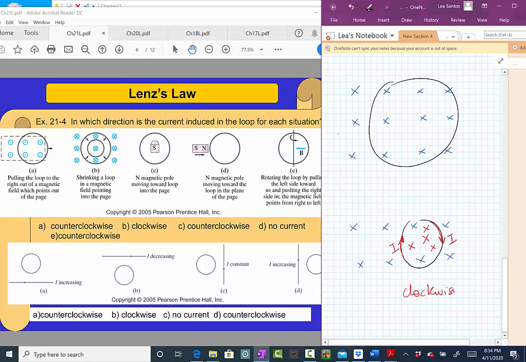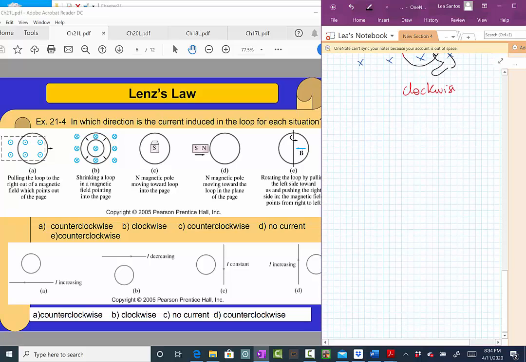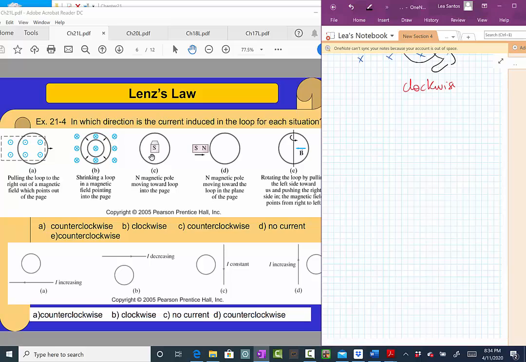Field into the page means current clockwise. Follow the current with your thumb and then use your 4 fingers to see that the 4 fingers are going into the page. Okay, so this was problem B. Let's see now problem C, this case here.